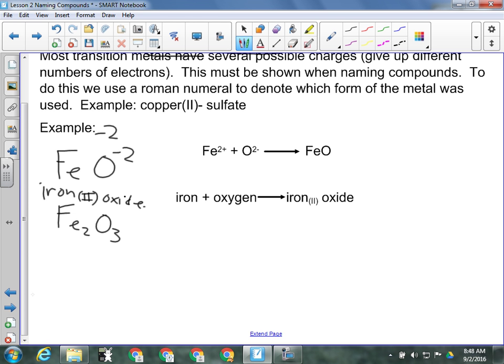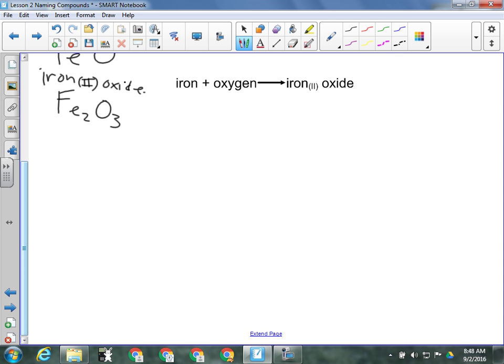Okay, and we do the same thing here with this one, except now obviously we got more numbers to deal with. All right, so oxygen is still always a -2, but now how many are there? 3. Okay, how many negative charges in total here? 6. -2 times 3 is -6. So I need to get 6 positive charges out of 2 irons.